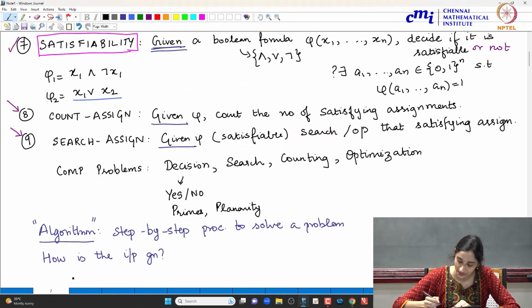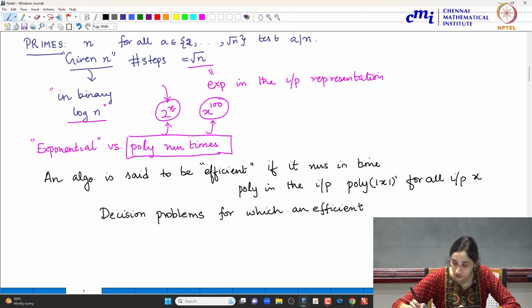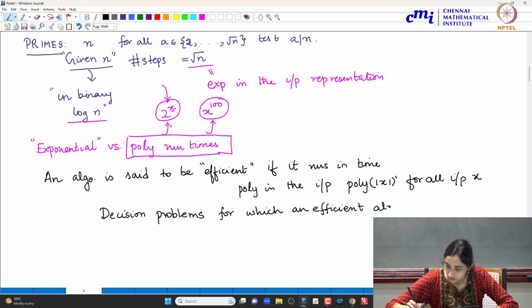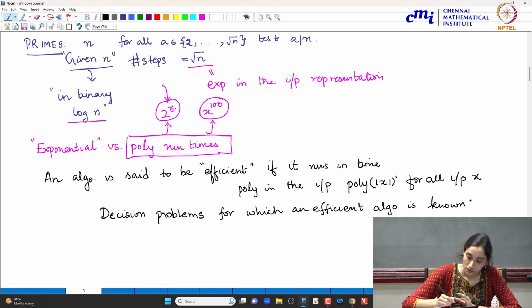Maybe we should go back and check how to do it. These are decision problems for which an efficient algorithm is known. But is it clear what it means to say that an efficient algorithm is known? That should be clear. These problems form a class which is called P.